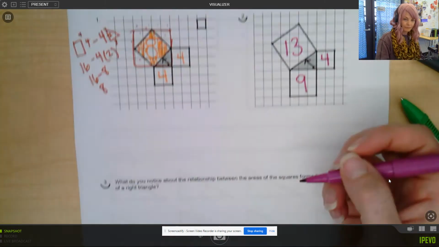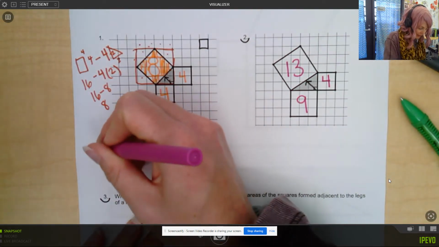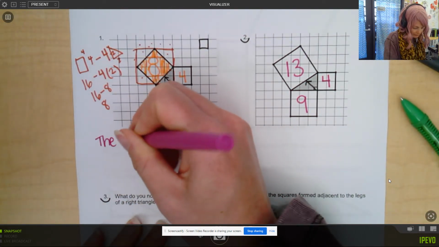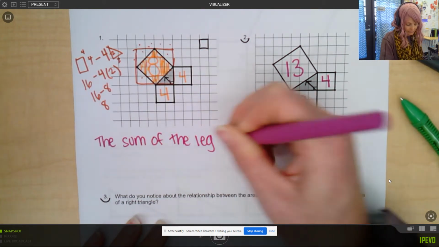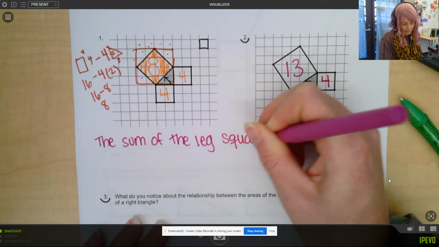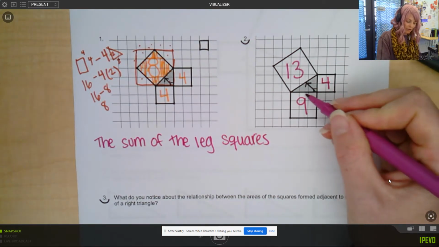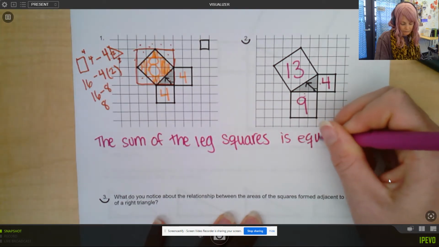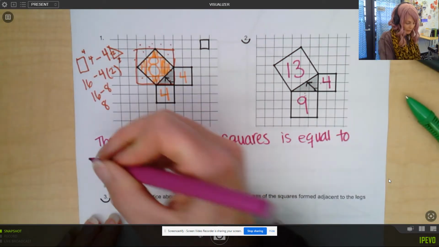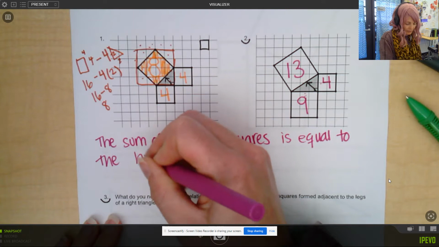Well, the sum of the leg squares, remember the legs are the shorter sides, is equal to the hypotenuse square.